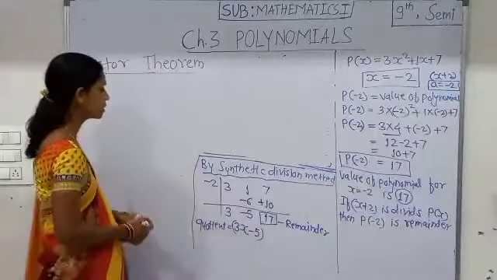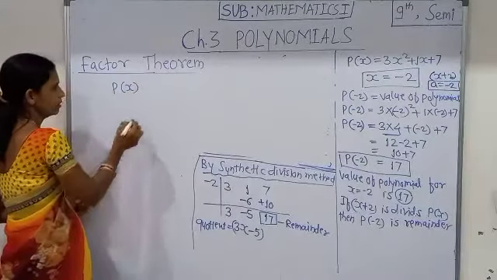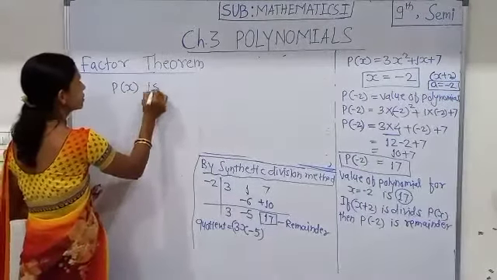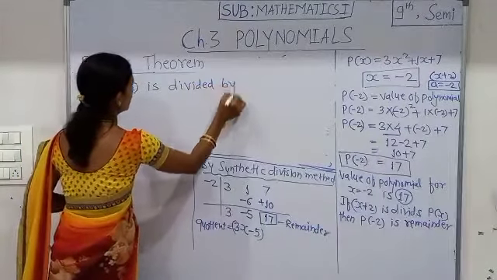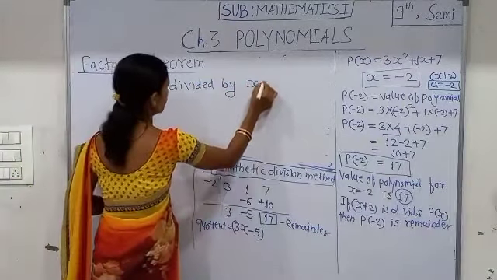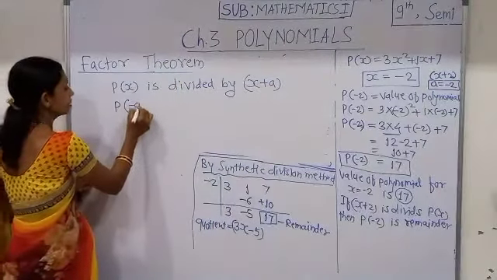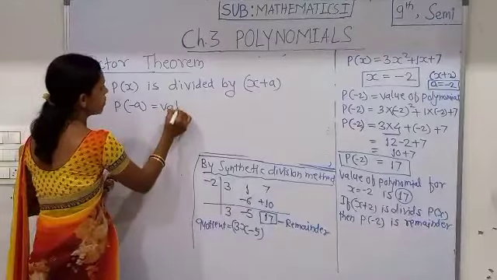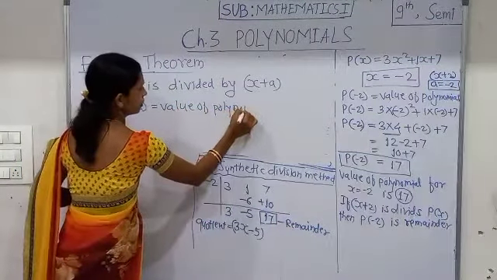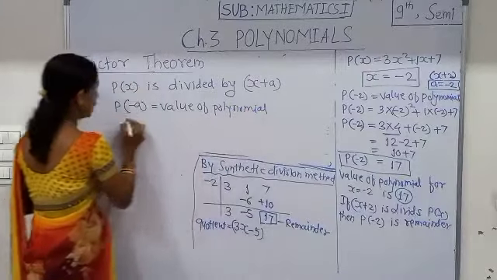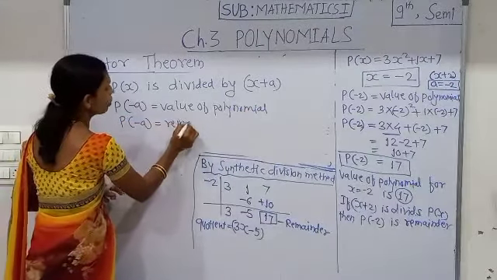Then focus here, p(x) is a polynomial which is divided by the divisor x plus a. Then p(-a) is the value of the polynomial, and p(-a) is also the remainder of that example.